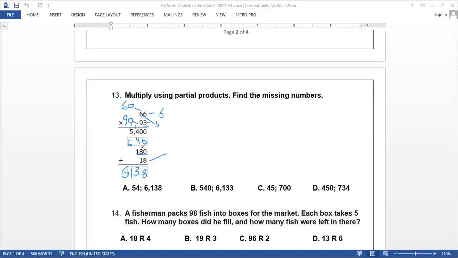So the missing number is 540, because 3 multiplied 6, 18. This is the missing number, 540. You have to focus on this, guys.